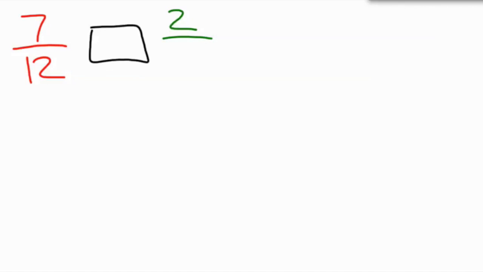Let's take a look at another problem that will ask us to compare two fractions. In this problem, we're given 7/12, and we need to compare that to the fraction 2/6. In this problem, I won't bother taking the time to do the prime factorization, because when I look at 7/12, I notice that the denominator is 12, and I can manipulate the fraction 2/6 in a way that's going to create an equivalent fraction with a denominator of 12.